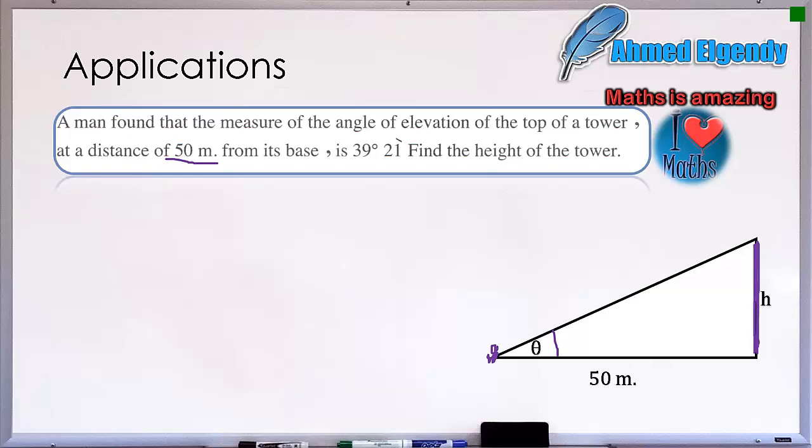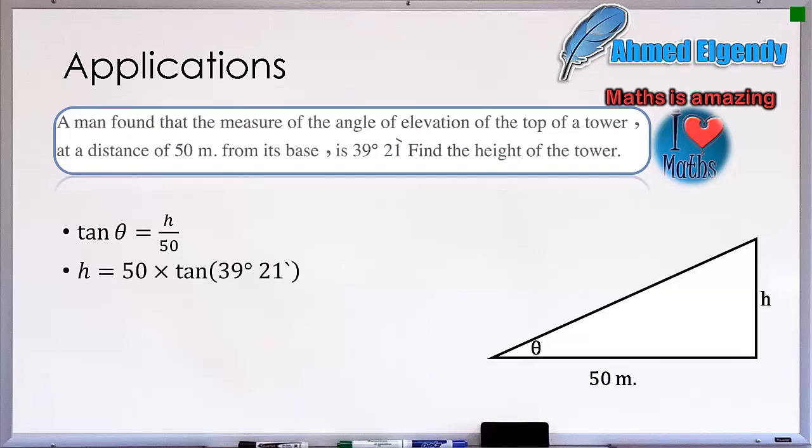Then we can easily find the height of the tower using tan. The height is opposite and 50 is adjacent. Tan theta equals height over 50, then height equals 50 times tan 39.21, which is 60.98, approximately 61 meters.